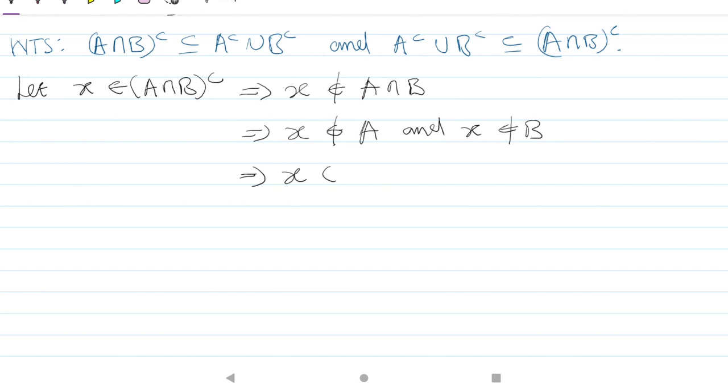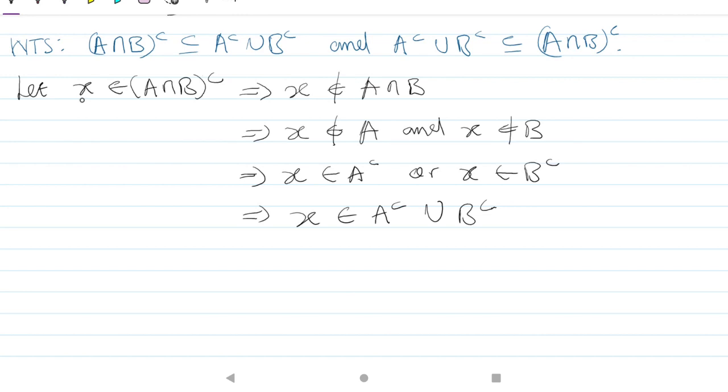It means x can be in A complement or x can be in B complement. All right. Now let us combine this together. Remember, or means union. So that means x is in A complement union B complement.